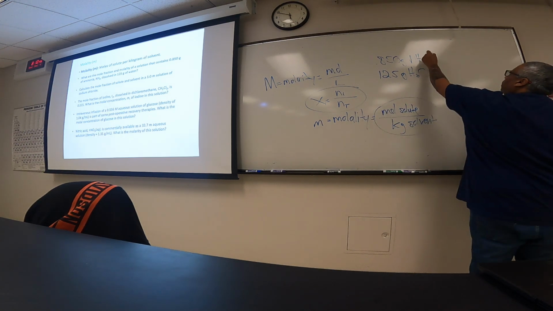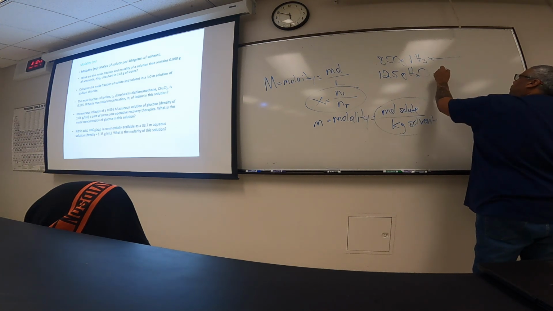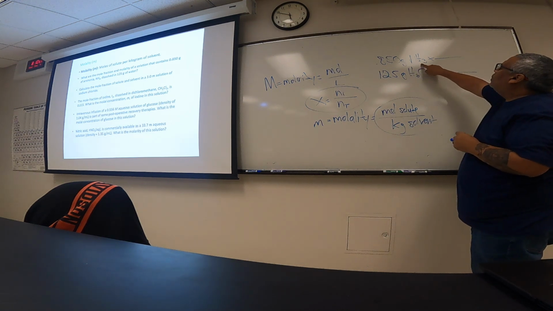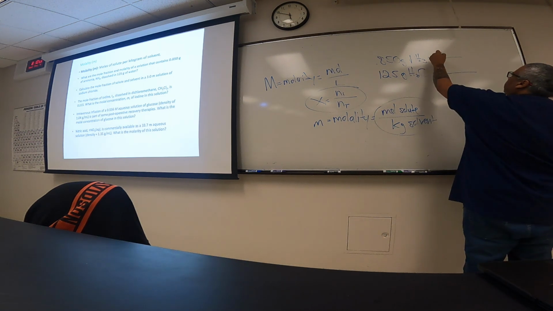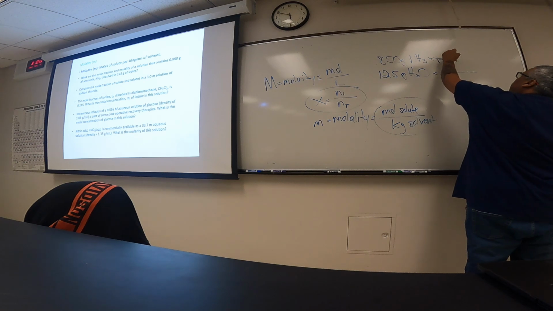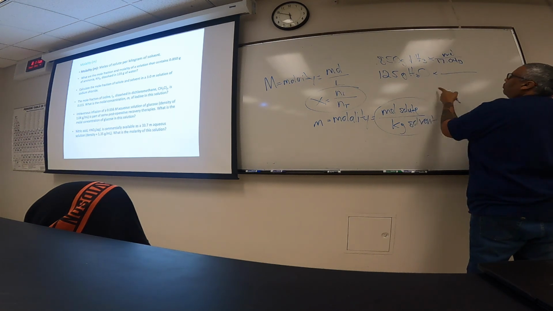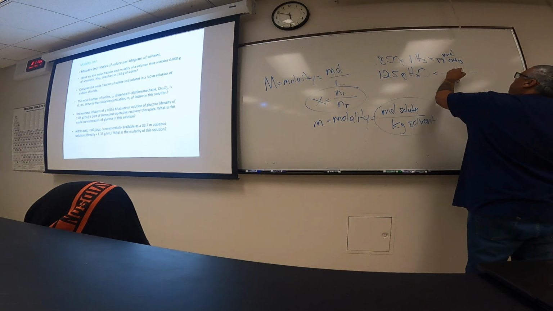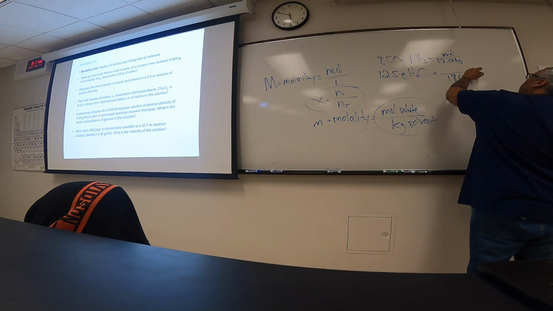So we're going to convert both of these into moles. This is 14.01, this is 1.01, and there's 3 of them. So let's go with 17.04 grams of ammonia for every mole of ammonia, and for water, 18.02 grams of water over moles of water.